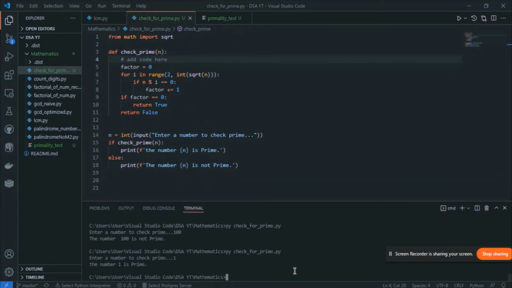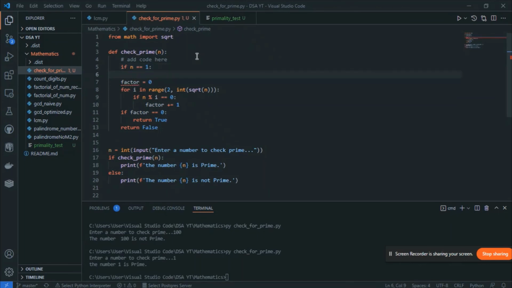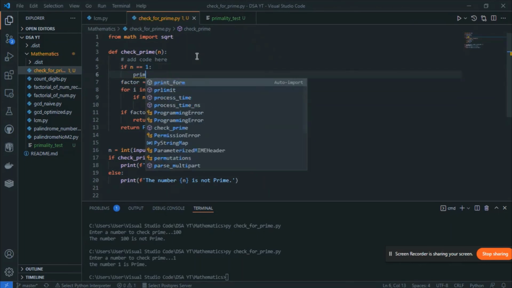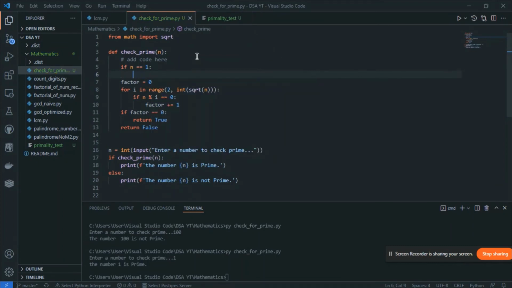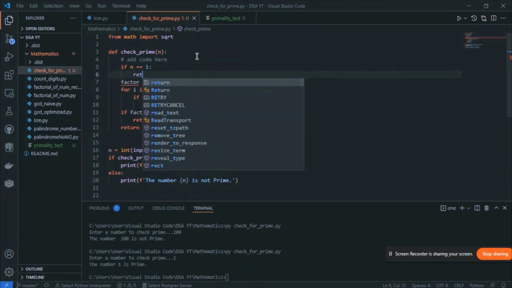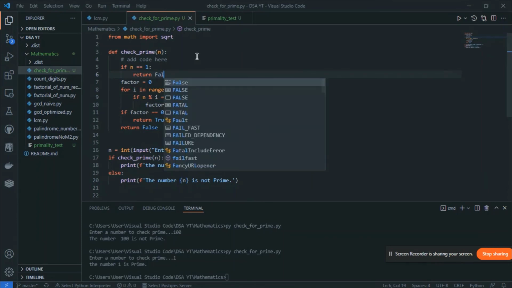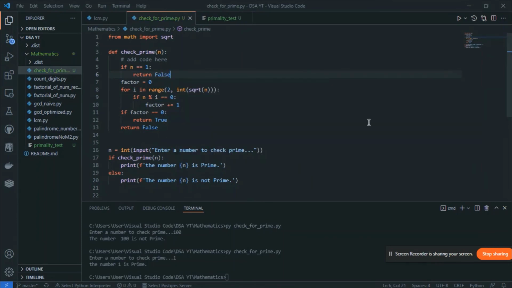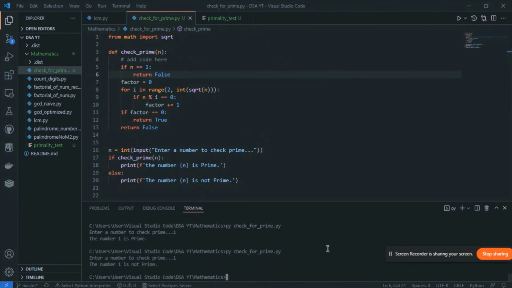I forgot to tell you, 1 is neither prime nor composite, right? So we need to add the condition: if n is equal to 1, return false, because it is not prime. Okay, let's check this. I'm really sorry for that. Okay, it is not prime.